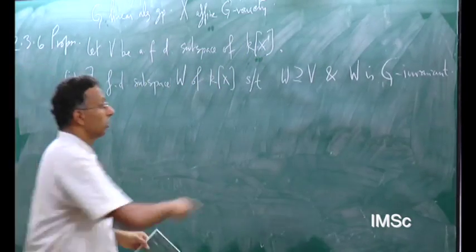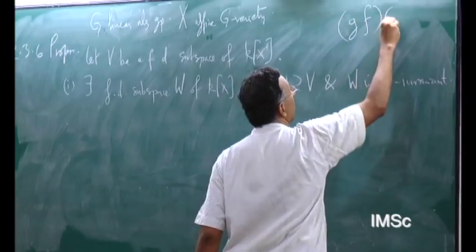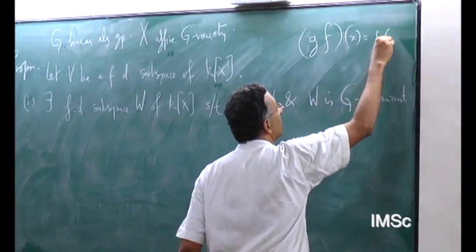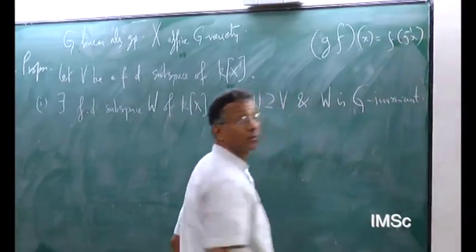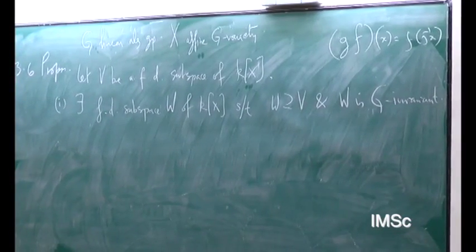So this is understood: G acting on F at X is F of G inverse X. That's the action. Okay, with respect to that action.